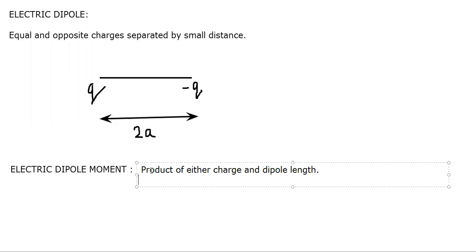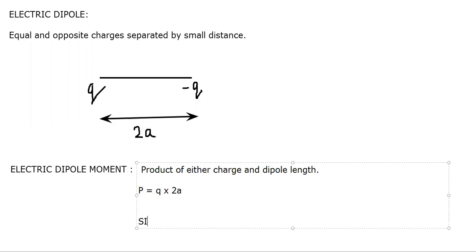It is denoted by a letter P, and its formula is given by Q multiplied by 2A. P is the symbol given to the electric dipole moment, and its formula is Q into 2A.